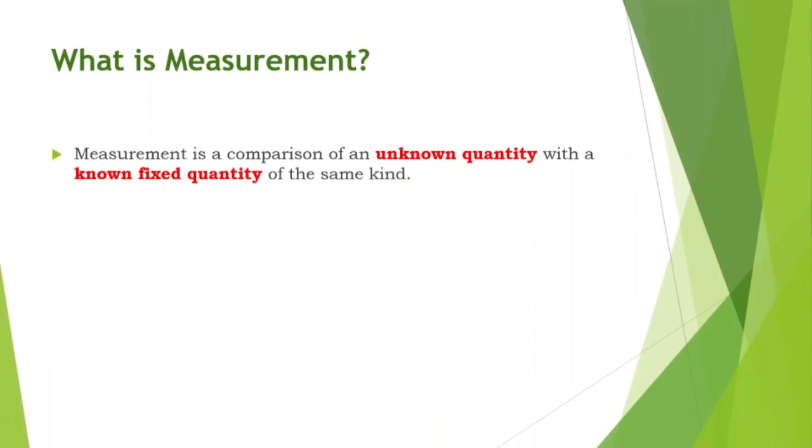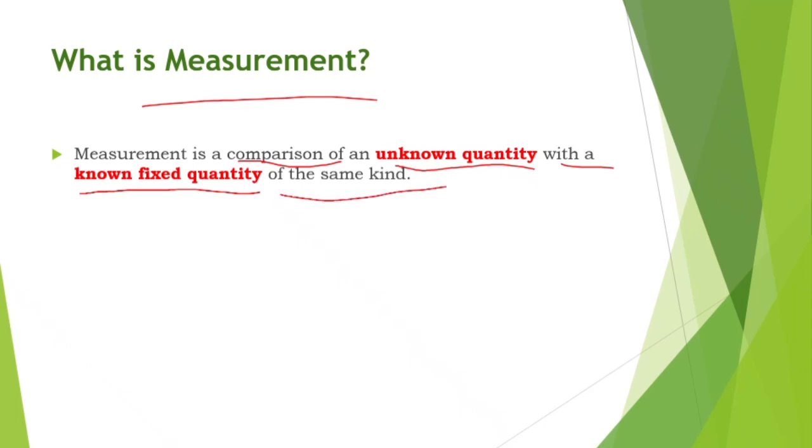Now come to the measurement. Do you remember we have learnt choice of unit? So if we are talking about units, definitely it will connect with the measurement, right? So how may it work? When we compare something we want to measure with a standard unit. Understood? So what is measurement? Measurement is a comparison of an unknown quantity with a known fixed quantity of the same kind. Got it?